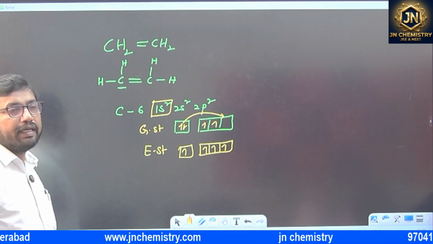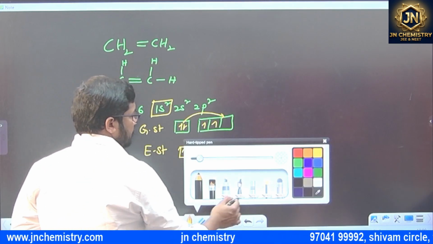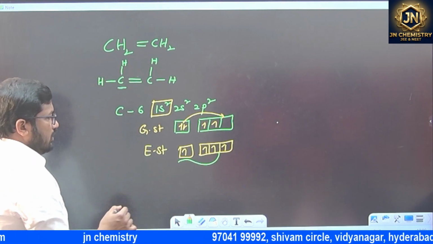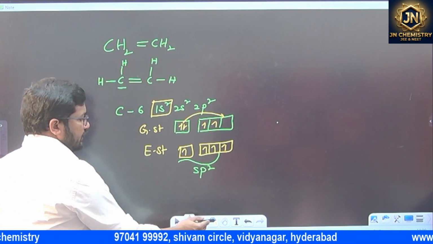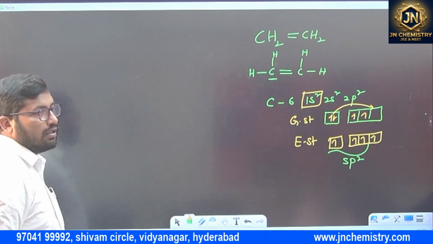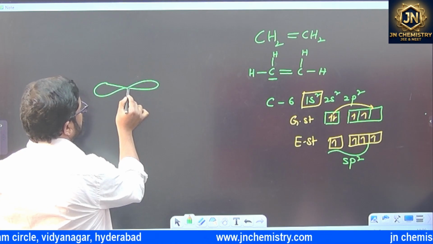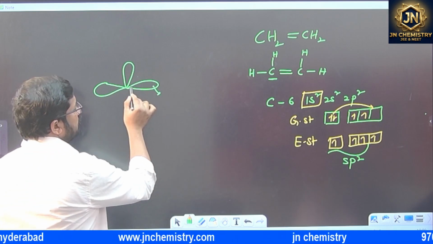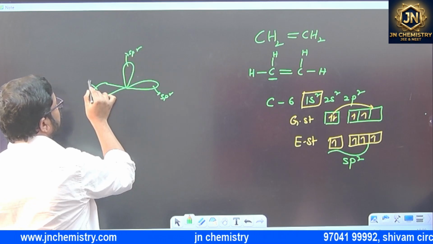But here alkenes undergo which hybridization? sp2, right? Here one s orbital and two p orbitals are participating. sp2 means what? Total how many hybrid orbitals do we get? 3, right? 1, 2, 3. This is one carbon. So all contain sp2, sp2, sp2.